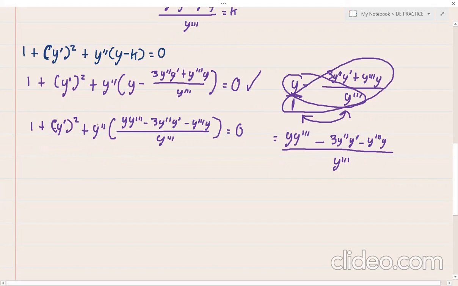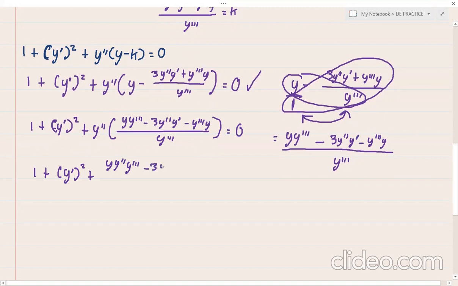Okay, what I can do here is I will distribute itong si y second prime dito sa term na to. So what will happen is that I will multiply y third prime sa numerator ng fraction. So we have 1 plus the square of y prime plus y times y second prime times y third prime minus 3 times, wait, mali ba?